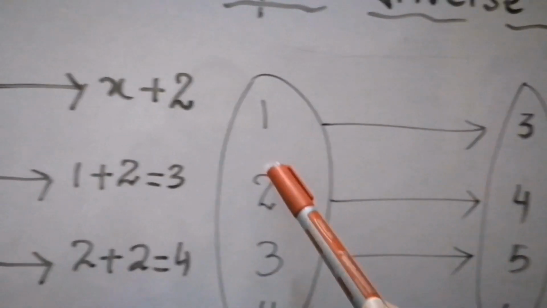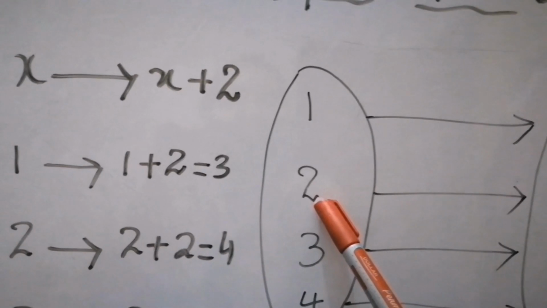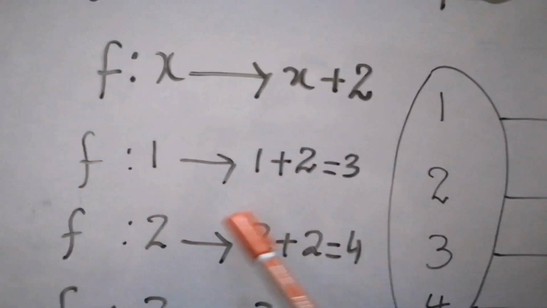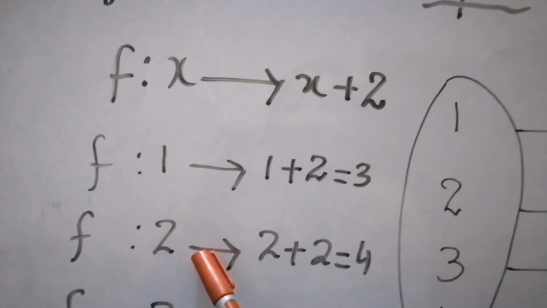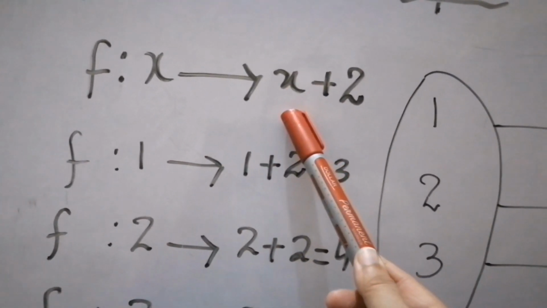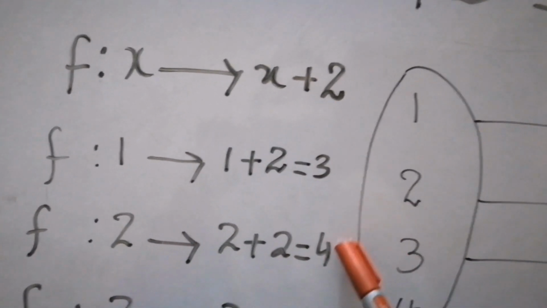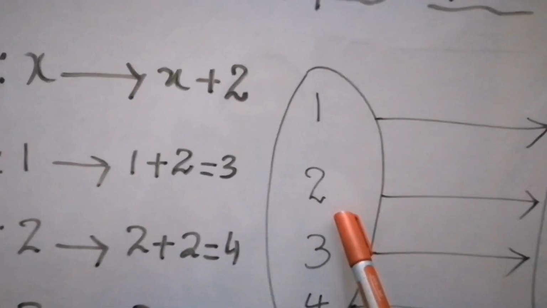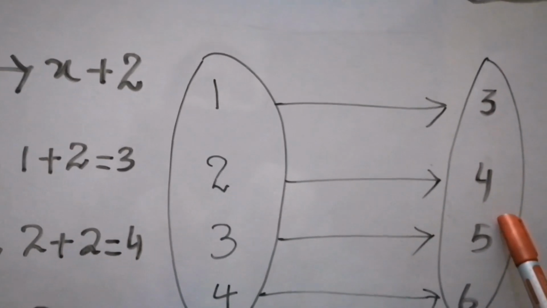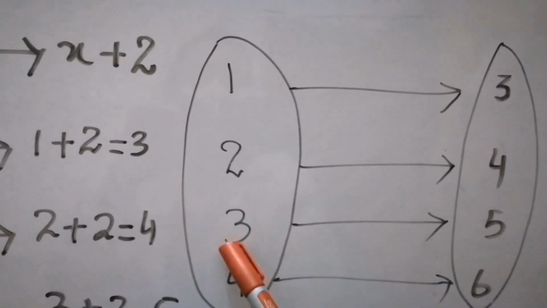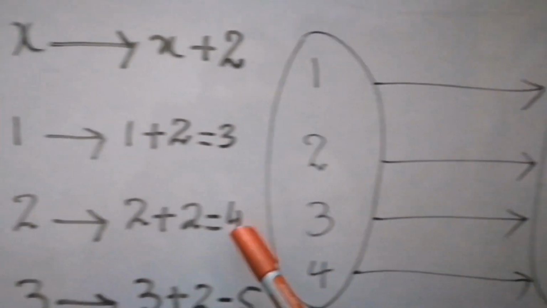Now again we have the second element, that is 2. Now we will put 2 in place of x. You will see 2 plus 2 becomes 4. So we will get the next value for 2, that is 4. Now we have the element 3.